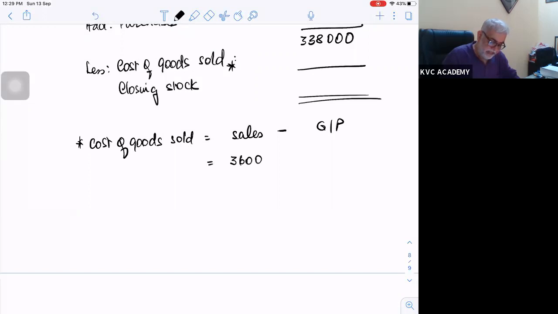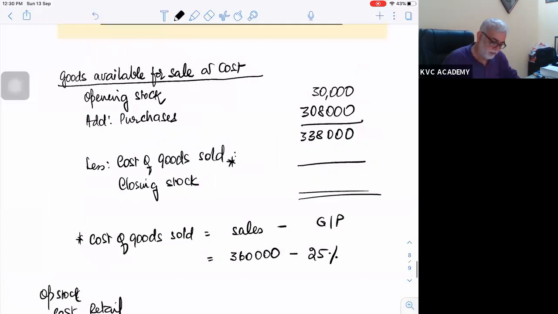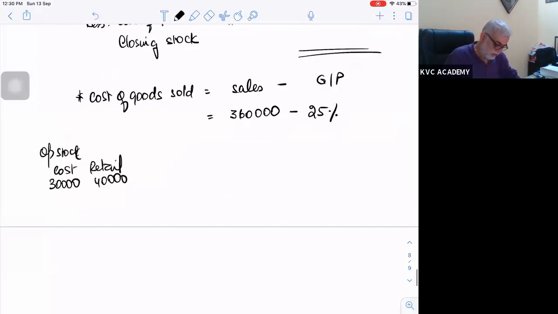Sales given is 3,60,000 minus 25%. How 25%? See, opening stock, the cost is given as 30,000 and the retail price is given as 40,000. That means you're selling an item of 30 for 40.